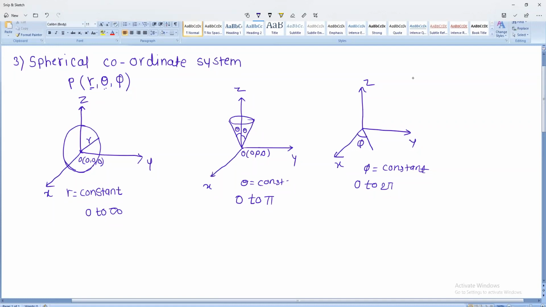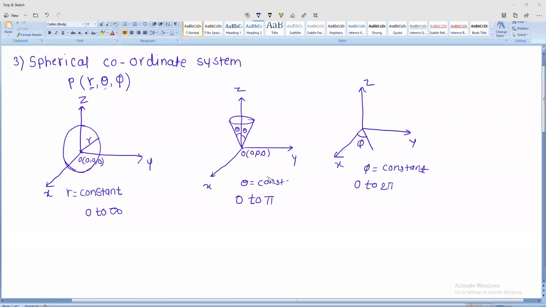Why am I always saying in space? Because we have seen in the Cartesian coordinate system a point P having coordinates r, phi and z. So r and phi are the x and y coordinates, right? So that point will come in the x and y plane only, which is on the floor.